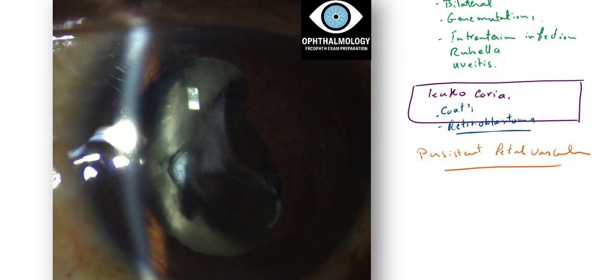That's why UBM is an important investigation for such children with such kind of cataract. And the management in congenital membranous cataract is surgical removal.